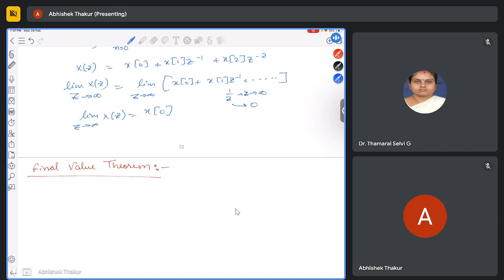Now next we come to the final value theorem. The final value theorem states that the final value x of infinity will be the limit z tends to 1 of 1 minus z inverse times x of z.